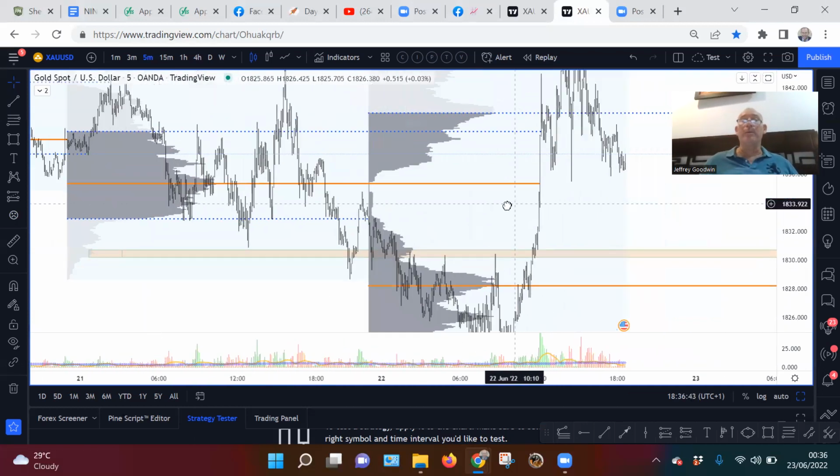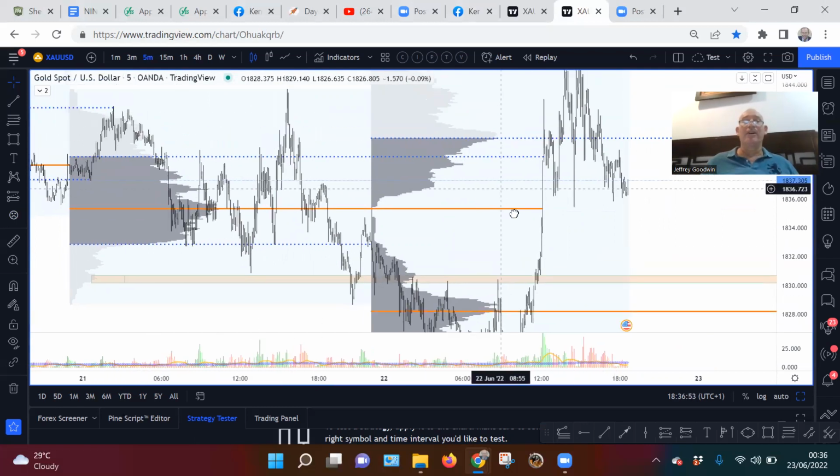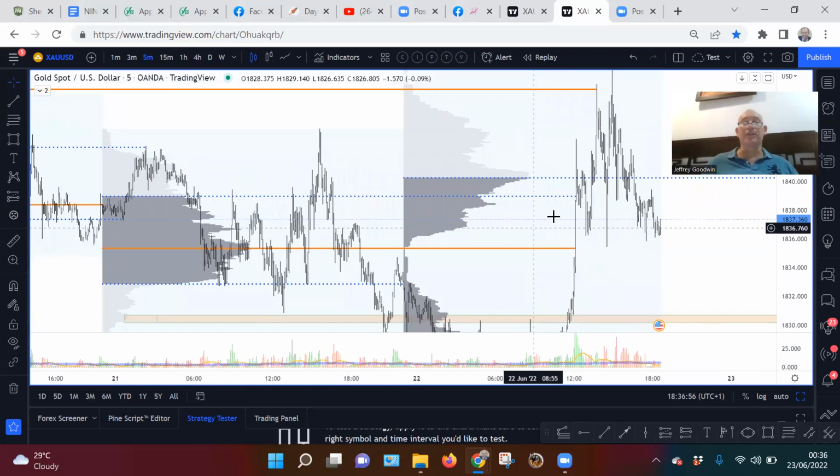Now, what then happened, ladies and gentlemen? You could potentially close the trade if you were in one. Our next target is this line here. Tick, hit it again. Our next target that hits that, ladies and gentlemen, is the top here. Tick, hit it again.